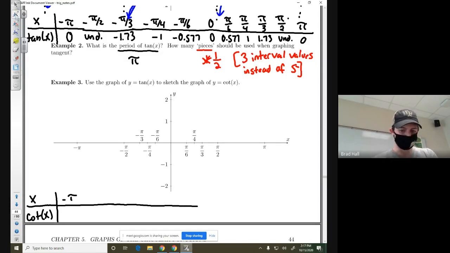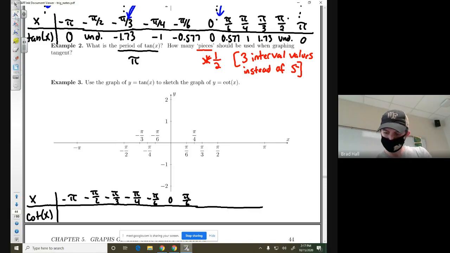It's going to be the same values though, negative pi over 2, we'll keep going.